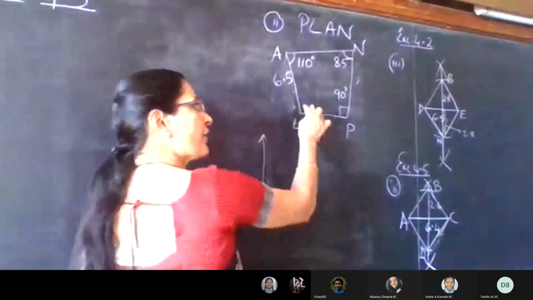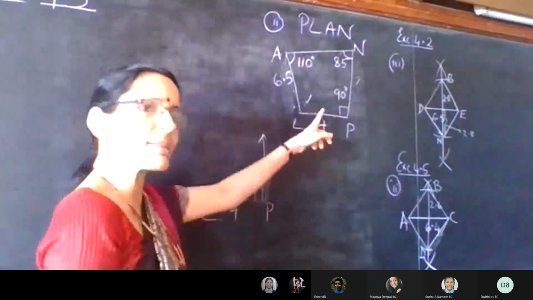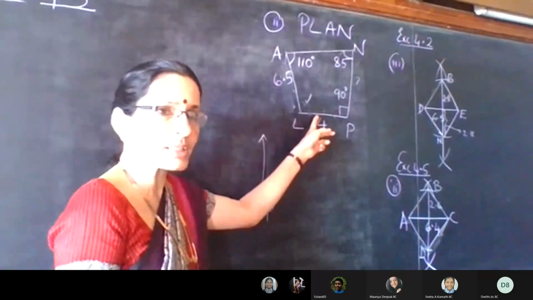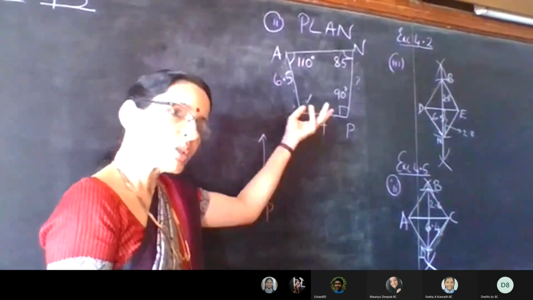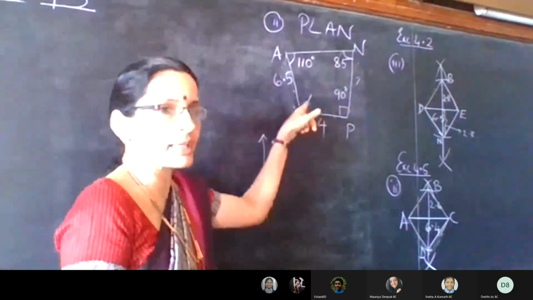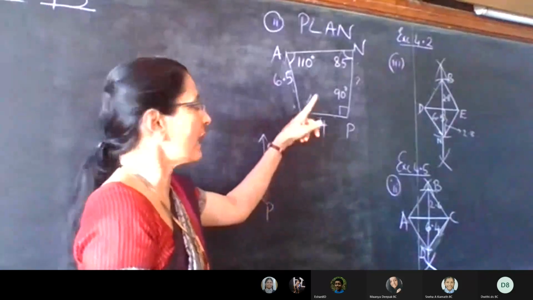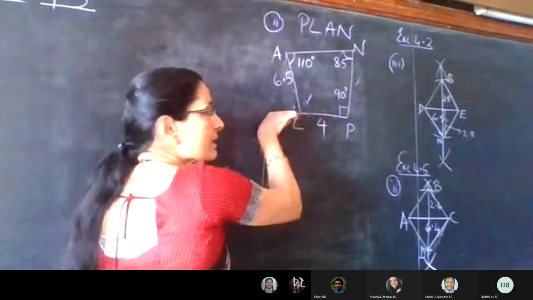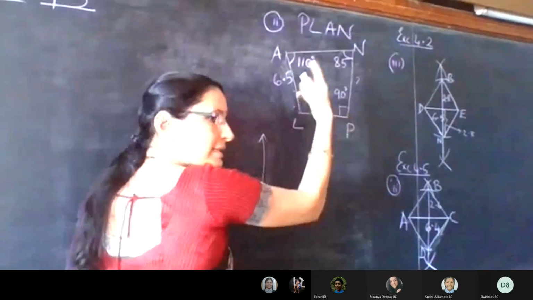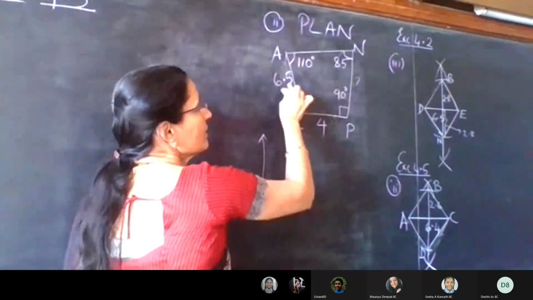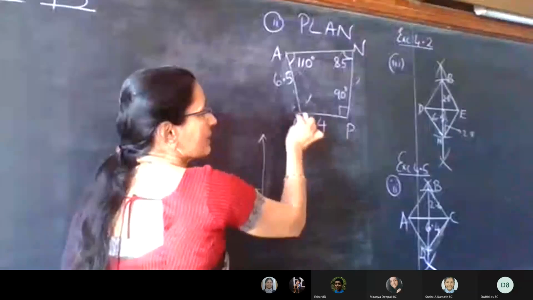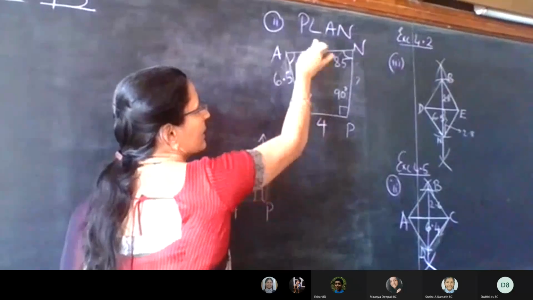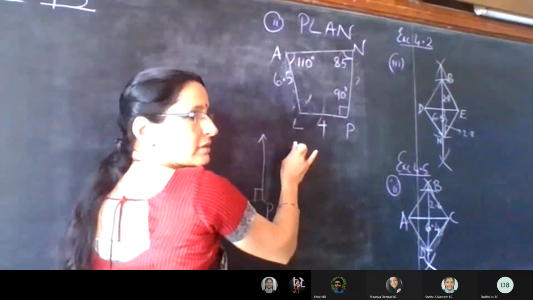Then if I find this, imagine this is known. Can I find it? How? 360 minus the 3 known angles. So that can be found, and when I calculate this, I get angle, side, angle, ASA done. Side, angle, this angle, side, this angle, ASA here also done.